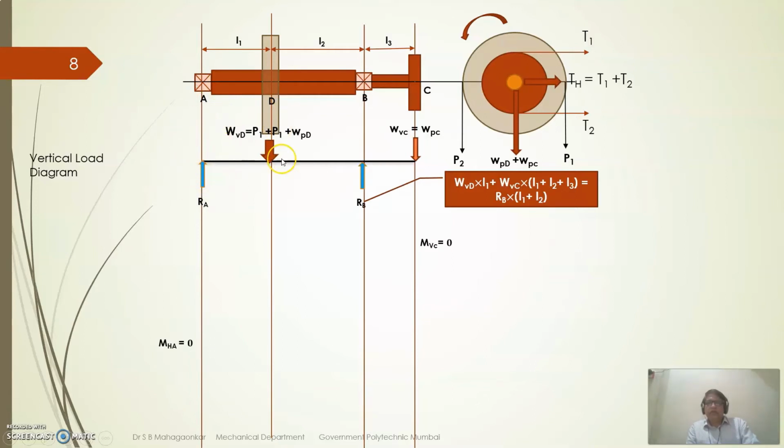The forces WVD and WVC are acting downward, whereas RB is acting upward. From this point, if I consider these two loads, you will get a clockwise moment, and RB will give an anti-clockwise moment.